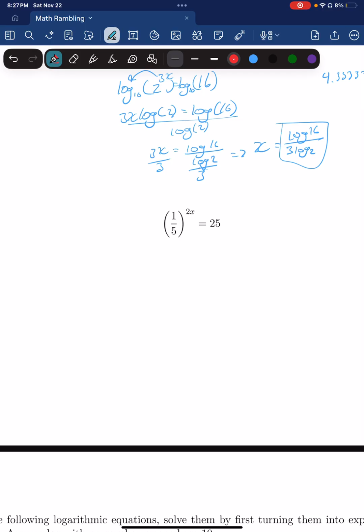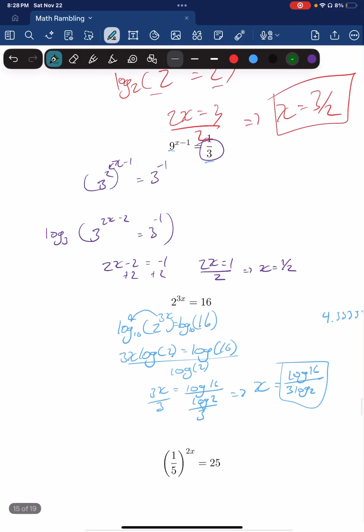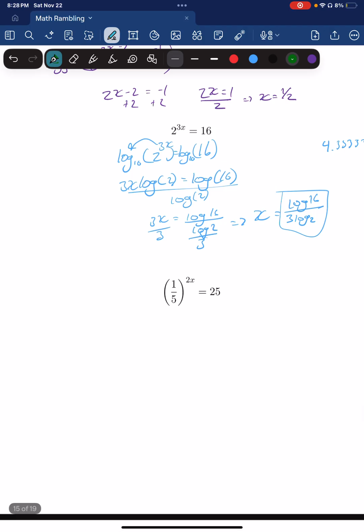How should we do this one? Do you think we should do the log base 10 of both sides, or maybe put them both as a power of 5? Oops, I spoiled it. They're both powers of 5. Let's do it both ways. You do one way, and then you check your work.